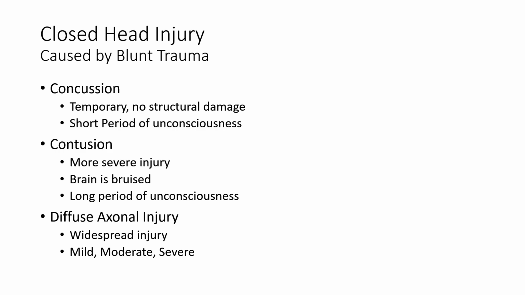They may have some of the abnormal posturing that we talked about in assessment, and they are developing cerebral edema. And for these diffuse injuries, the prognosis will really depend on the degree of injury and how their brain recovers.